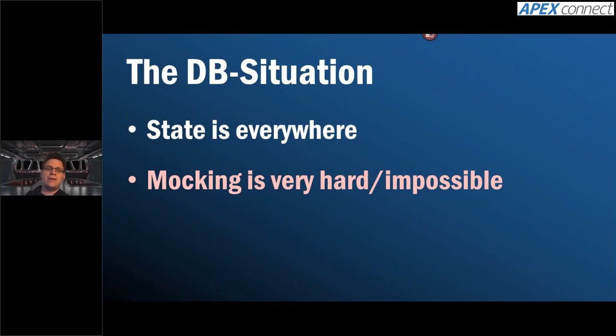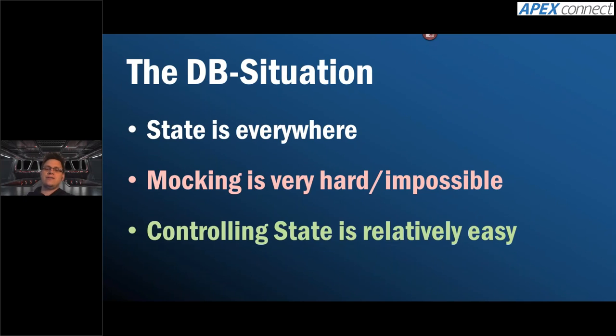But controlling state in a database is relatively easy, because that's also a core point of a database. And if we can make sure that our defense mode has a certain value when we run our test, we achieved control of that input, which is the precondition for unit testing.